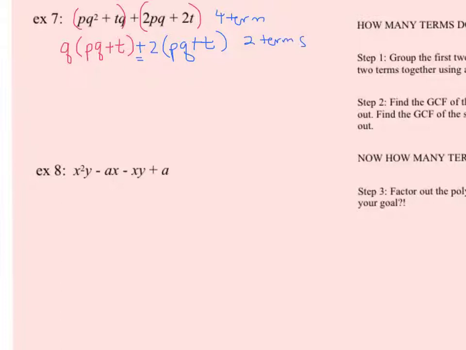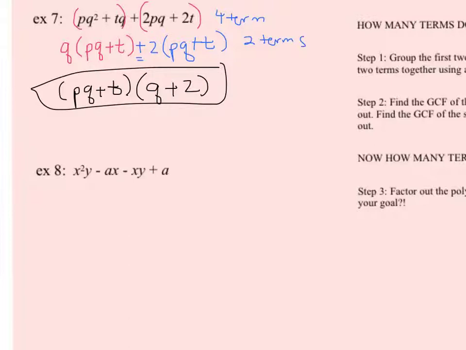So in all factor by grouping, you go from 4 terms to 2. So I have to make sure that I put that plus sign in there. Otherwise, it looks like I get to a product right away. You go from 4 terms to 2 terms, then to 1. If you don't have 2 terms, you didn't do it the right way. So now I can look at these 2 terms and see that I have the group PQ plus T in common, and I'm left with Q plus 2.